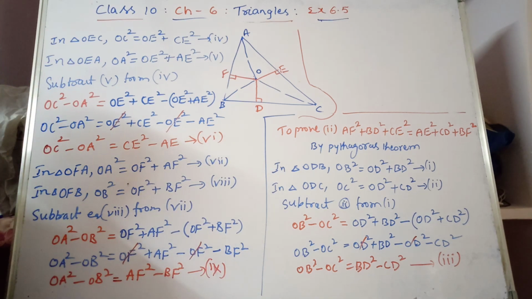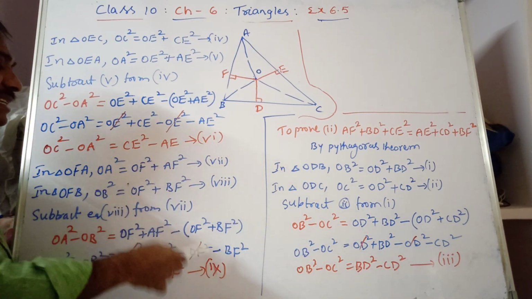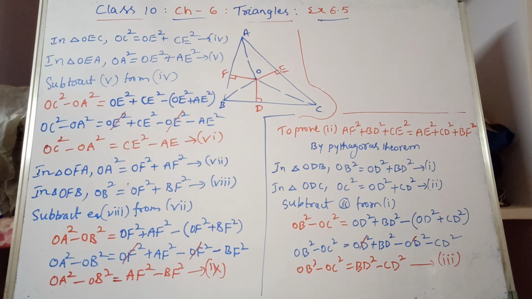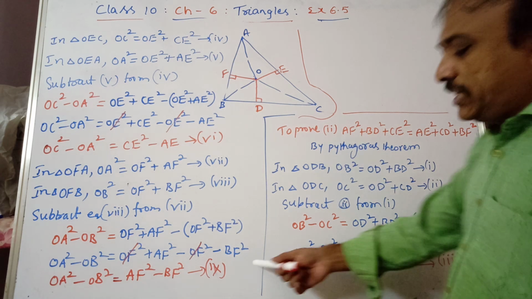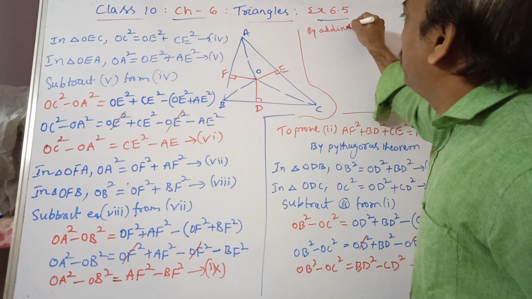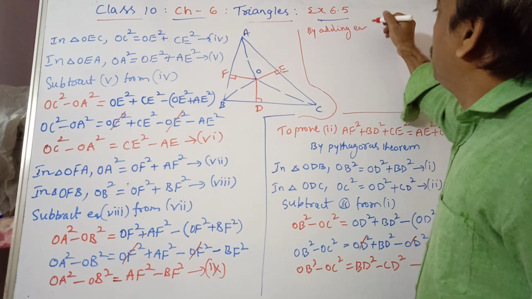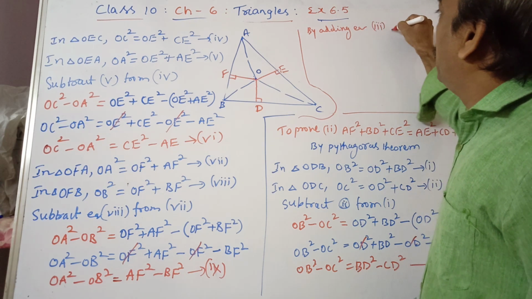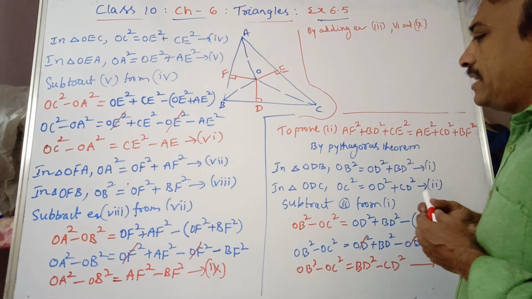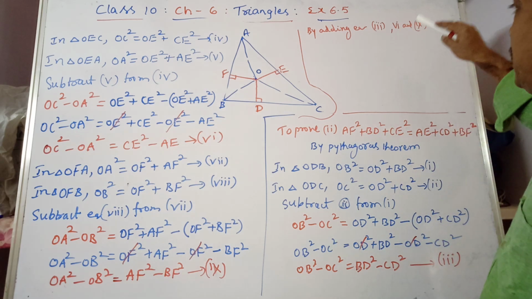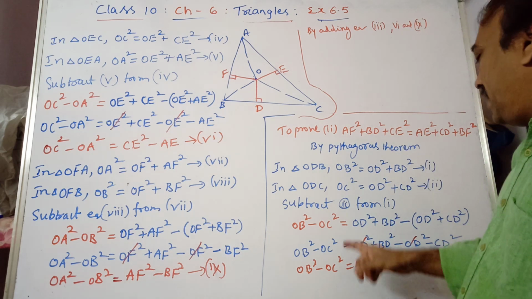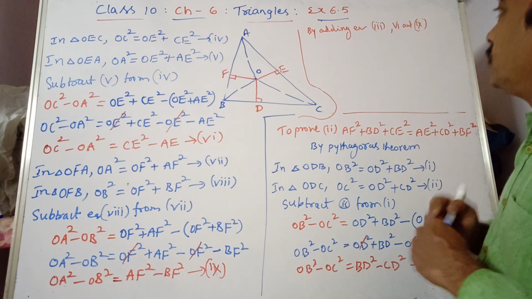Now by adding equations 3, 6 and 9. See here, we are adding equation 3, equation 6 and equation 9. What is equation 3? OB square minus OC square.